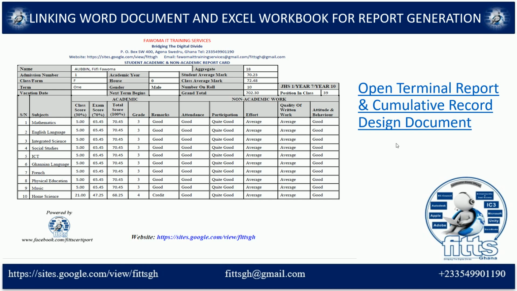So today let's look at how we can generate the report as a single file for printing for schools who do not want to use the emailing system to send them to their respective parents.